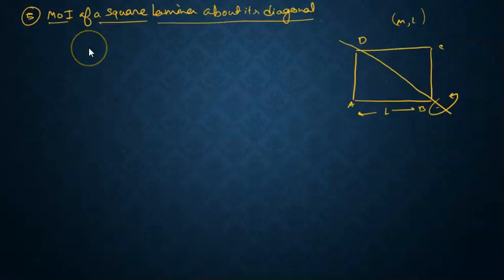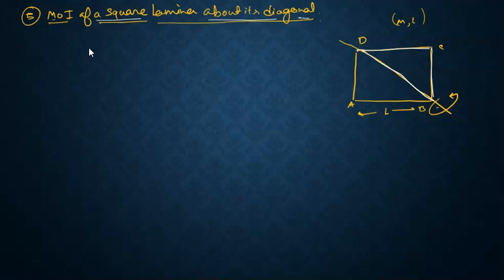Now the next is finding the moment of inertia of a square lamina about its diagonal. So we're given a square lamina and the axis of rotation is along its diagonal. So we have to find the moment of inertia. If we look carefully, a square lamina can be divided into two triangular laminas, right?